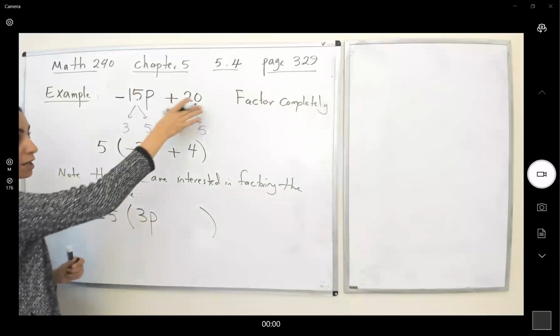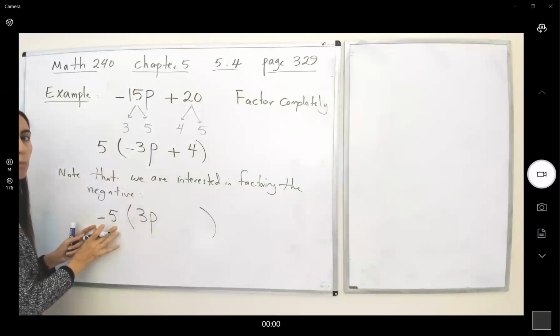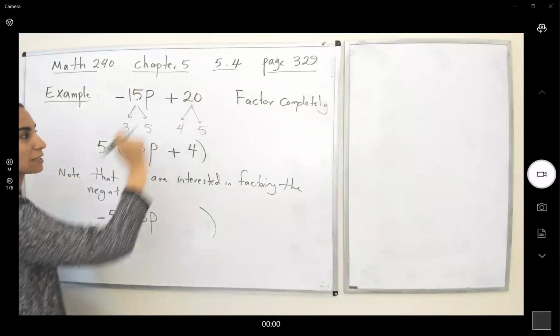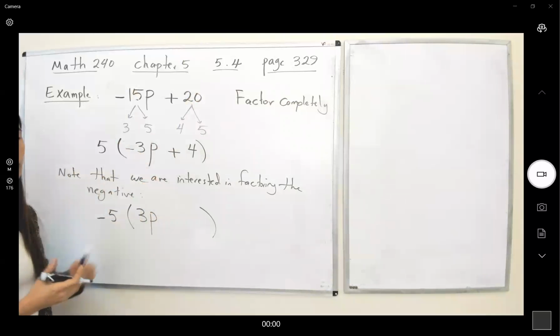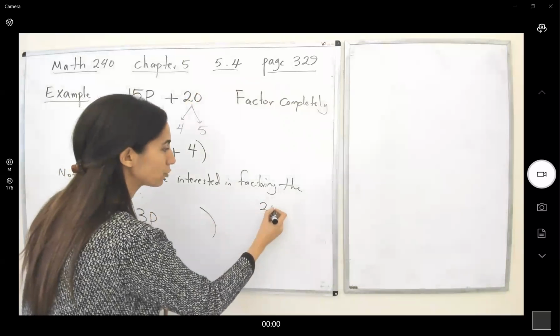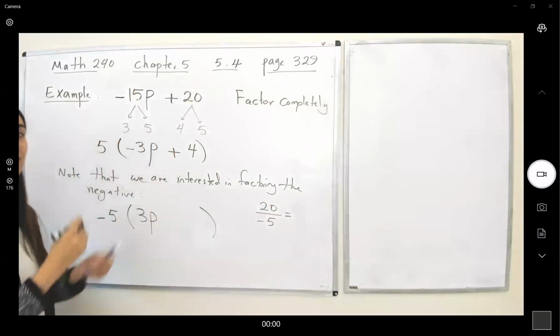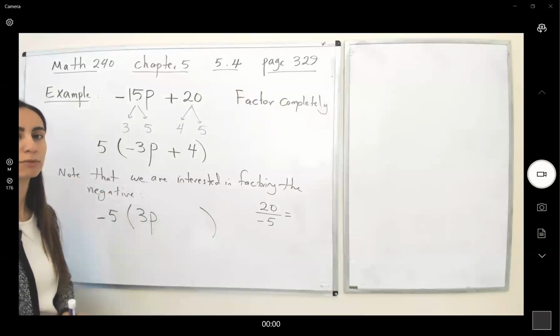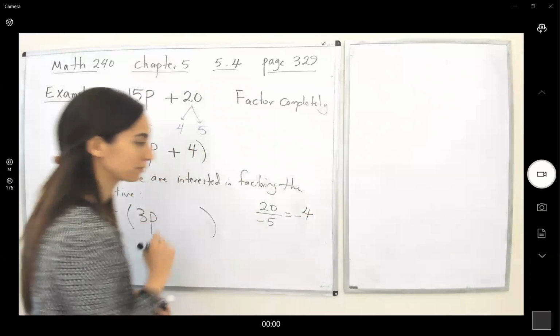Okay. Here you have positive 20 and you're taking out minus 5. What was this? It was actually minus 4 times minus 5. Or you can say that, hey, I have 20 divided by minus 5. A positive number divided by a negative number gives us minus 4.